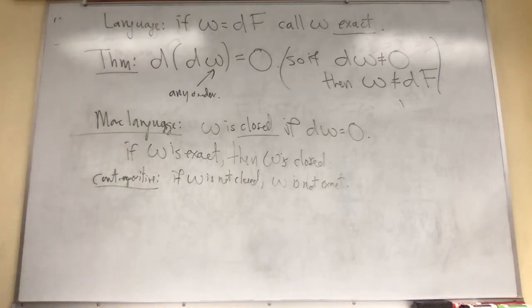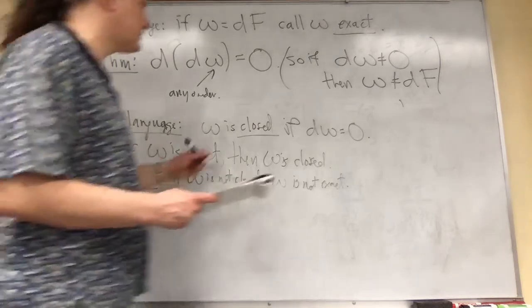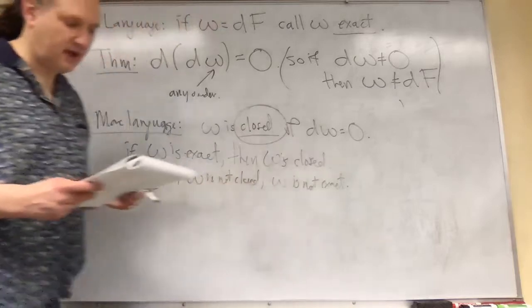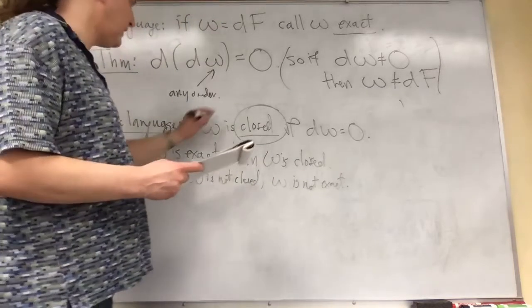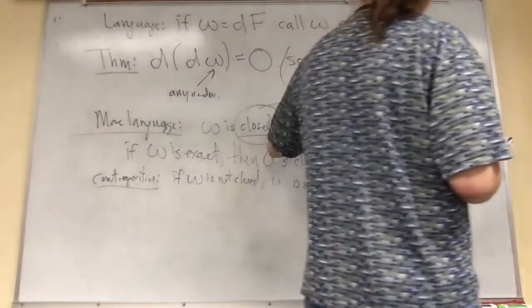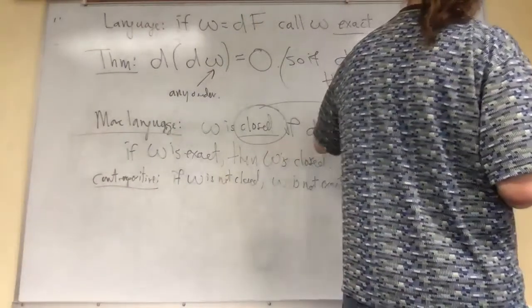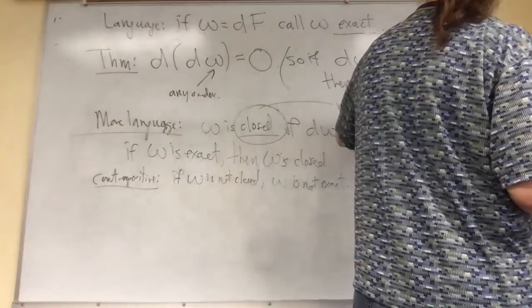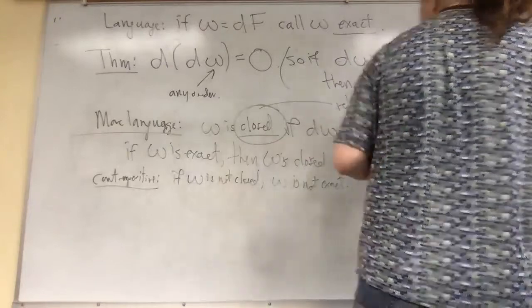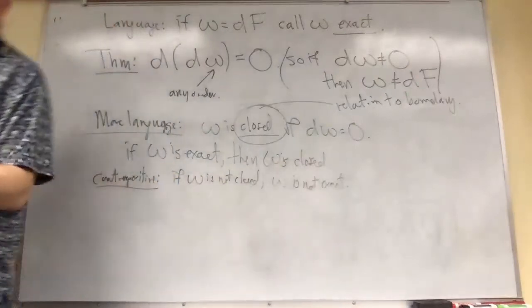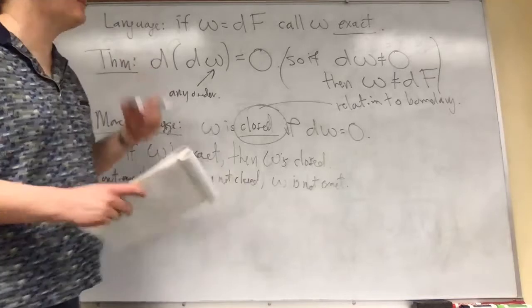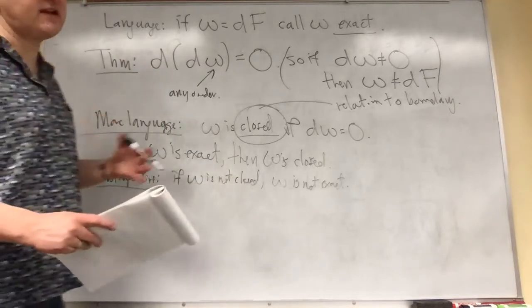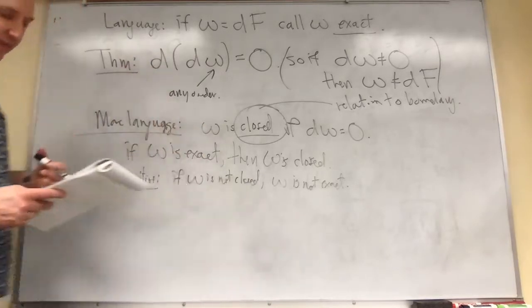By the way, why do we use this word closed? We call it closed because of its relation to boundary. We call a manifold or surface or anything closed if it has no boundary.